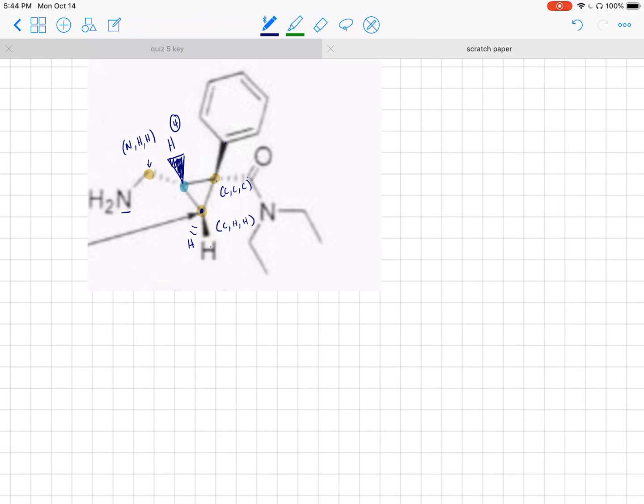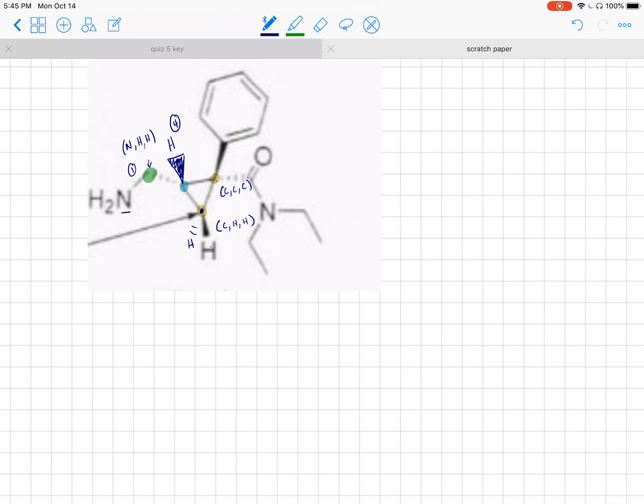So we actually don't need to go any steps further because all three of these are different from each other just at this level. So we can see that this one over here on the left is going to have the first priority because it has a nitrogen which is bigger than the carbons. And so this is going to be number 1.